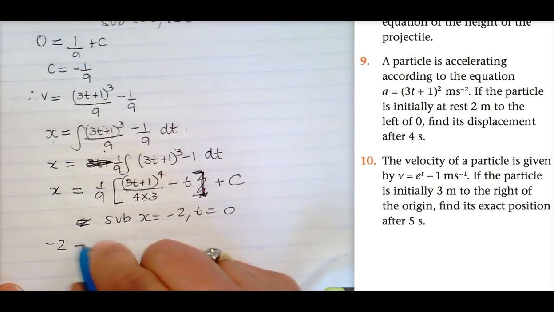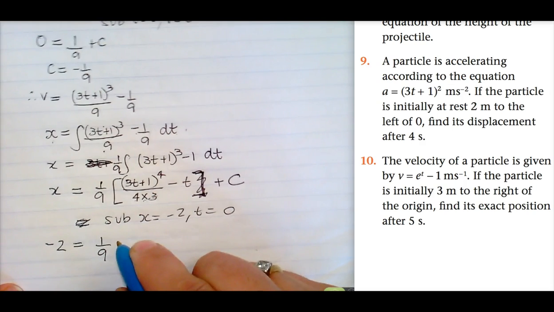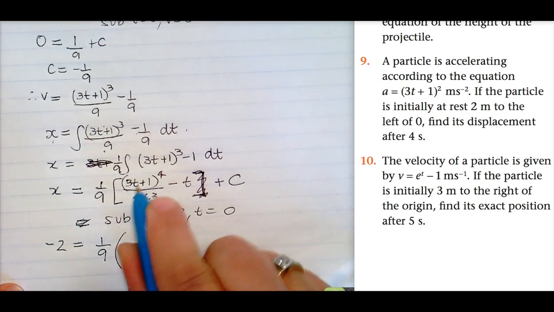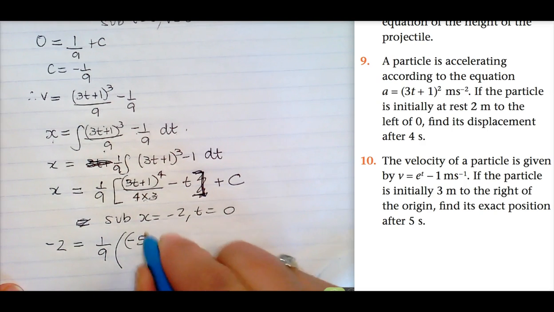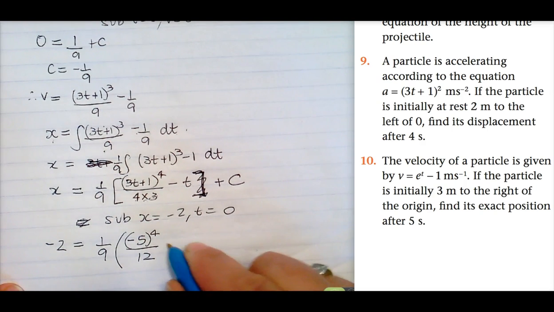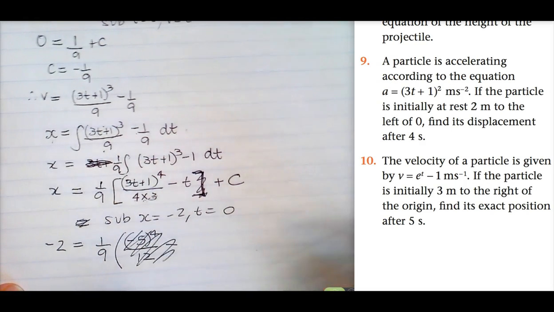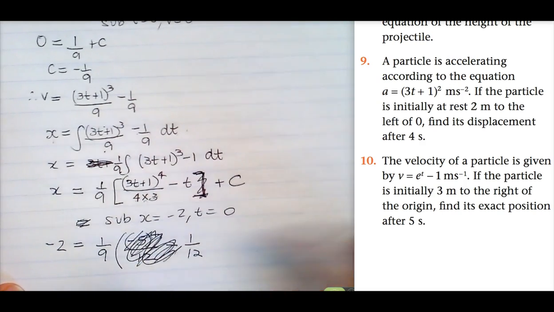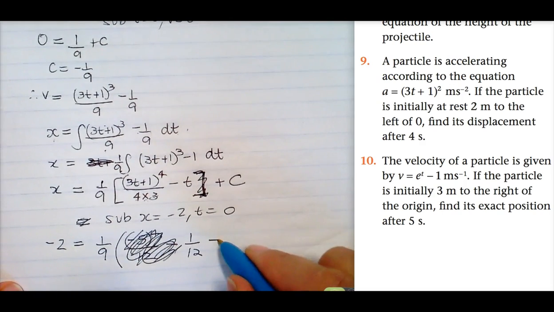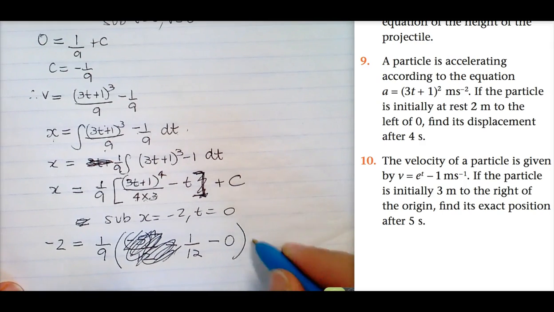So we get -2 is 1/9 times, -6 plus 1, -5 to the power of 4 over 12 minus t, t is 0. What do you get? 1/12? Be careful. Minus 0 plus c.